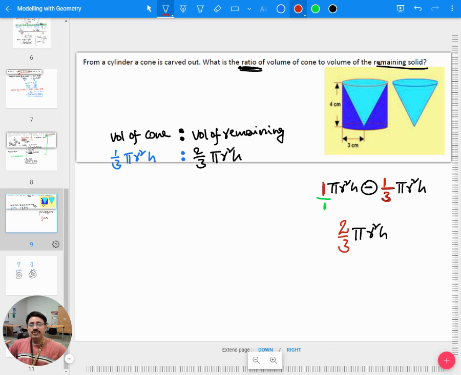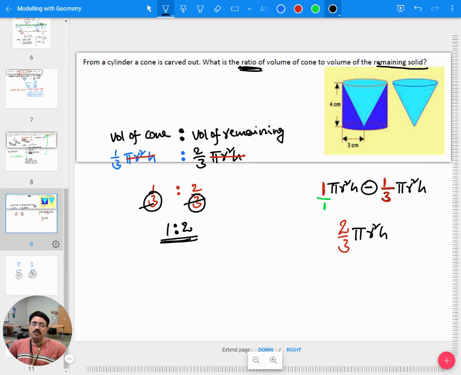As the cylinder and cone have the same dimensions, you may strike this one. You may say 1/3 to 2/3. Again, you may cancel out these denominators. 1 to 2 is the answer.